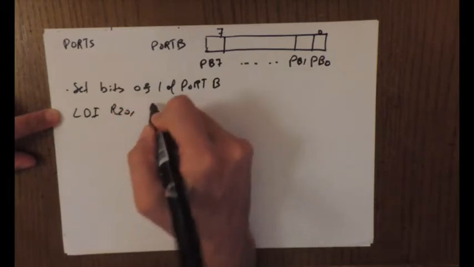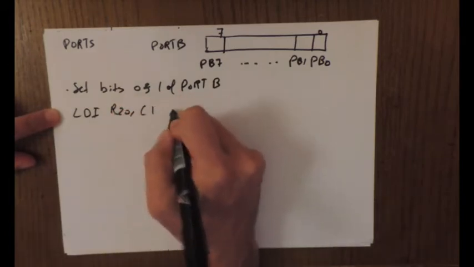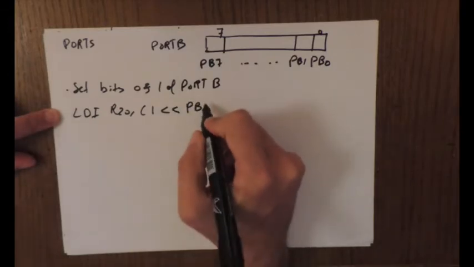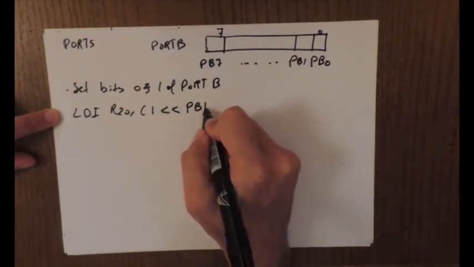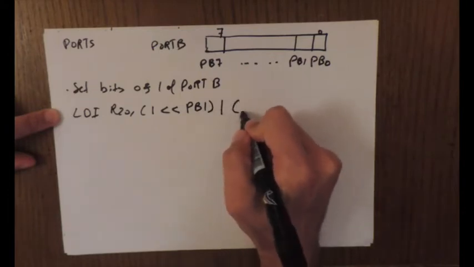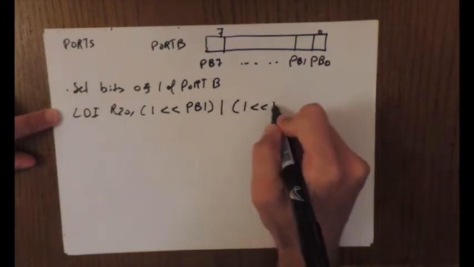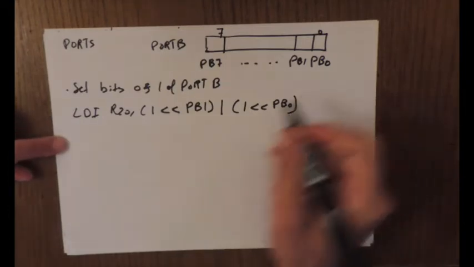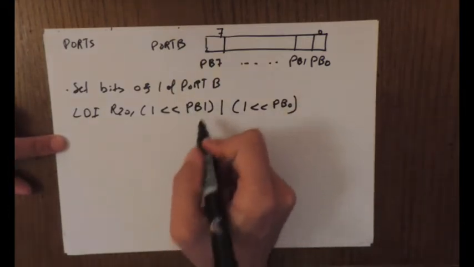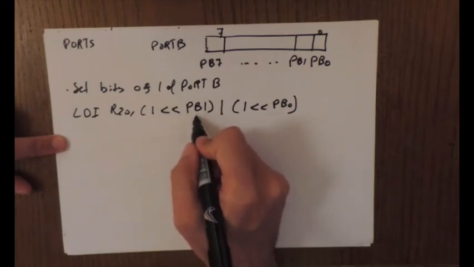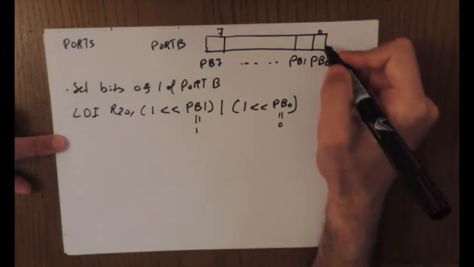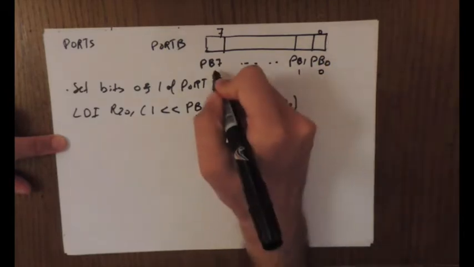So I can do something like this: 1 shifted by PB1 or 1 shifted by PB0. PB1 is equal to 1 and PB0 is equal to 0. Okay, these are just the pin numbers.